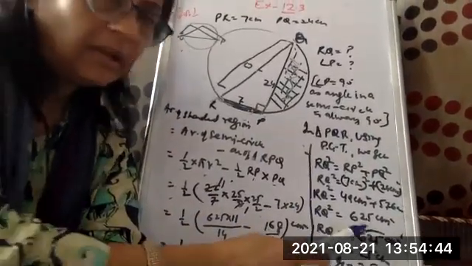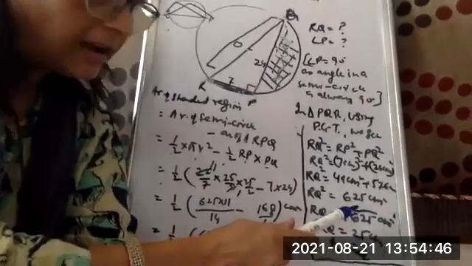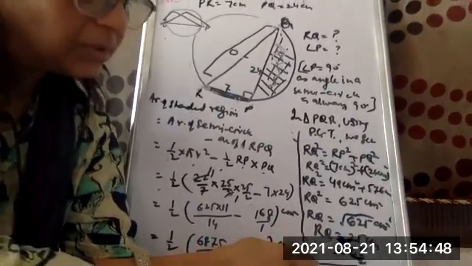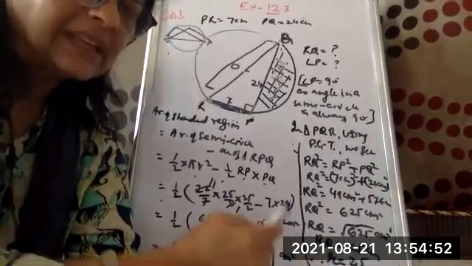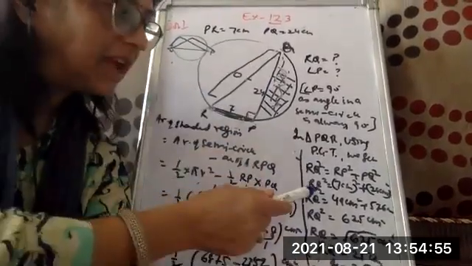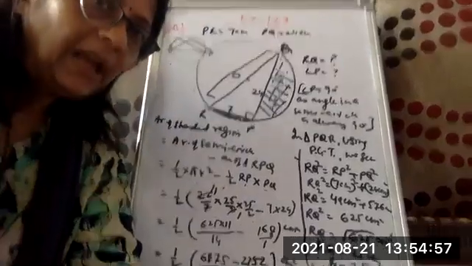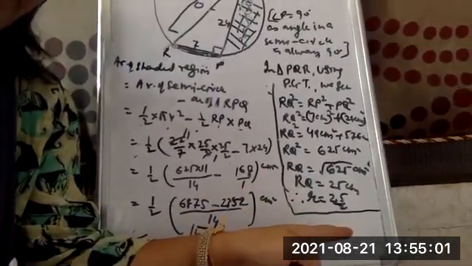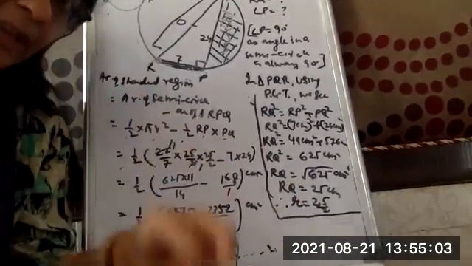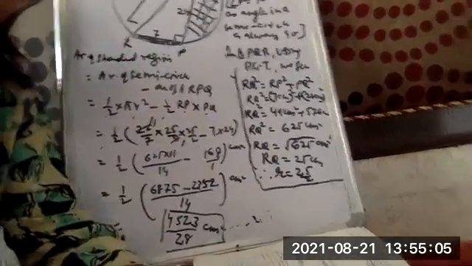So RQ we get under root of 625, and under root of 625 is actually equal to 25. So RQ is 25. So the radius of this semicircle, where the diameter is 25, will be 25 upon 2. So children, we have got radius 25 upon 2. Let it be in the fraction, right? We will solve this later on. Now let us see the solution further.